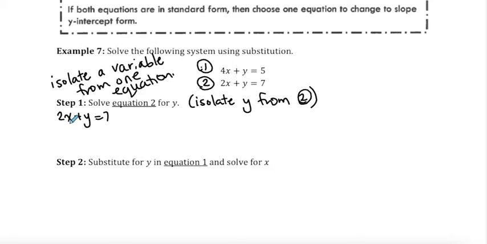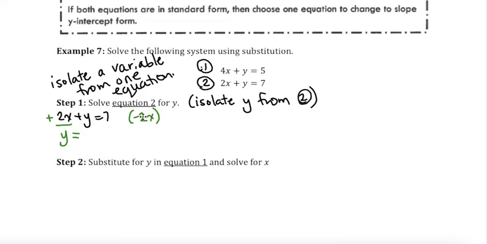So we're moving it to the other side of our equal sign by using our opposite operations. Right now, our 2x is a positive value, so the opposite of adding 2x is subtracting 2x from both sides. 2x take away 2x is 0, so we're left with y on the left-hand side.